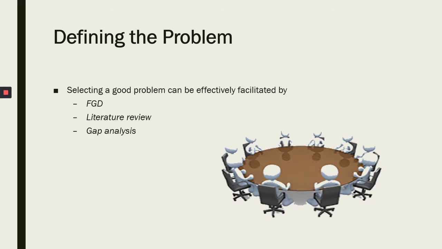So for the focus group discussion, this is at the most basic level. Focus group is just an informal discussion among a group of selected individuals about a particular topic. Okay, it is one of the research methods used which involves more than one participant.